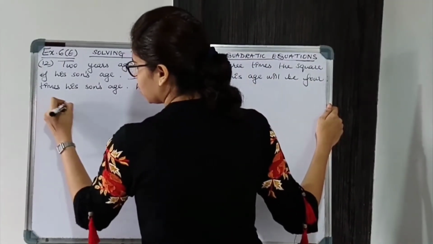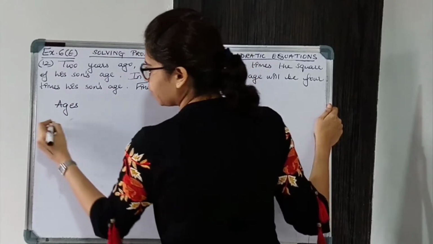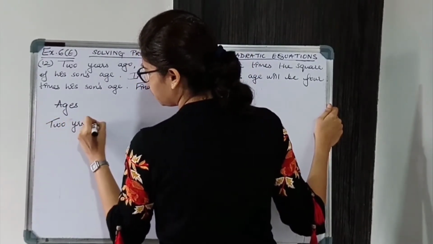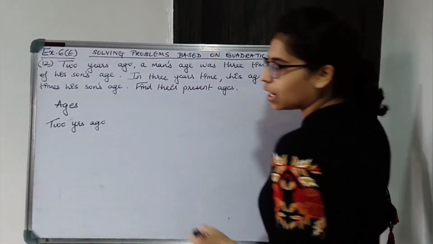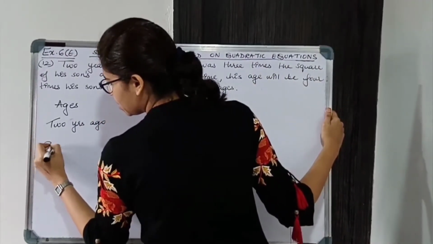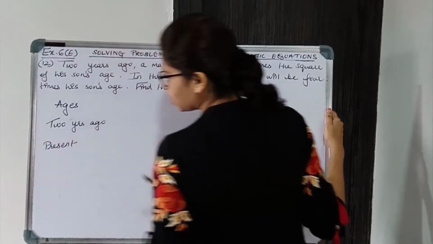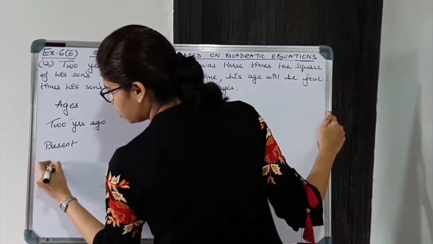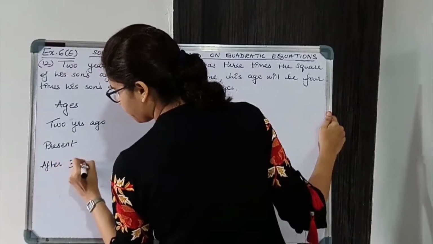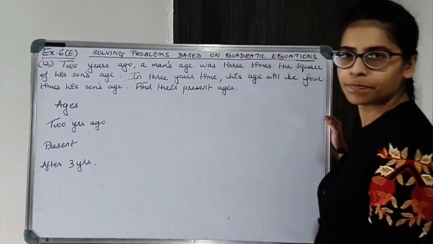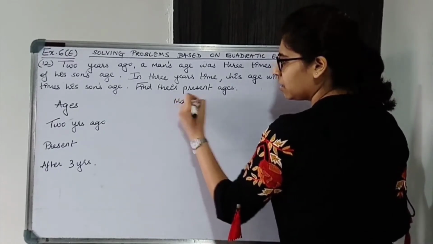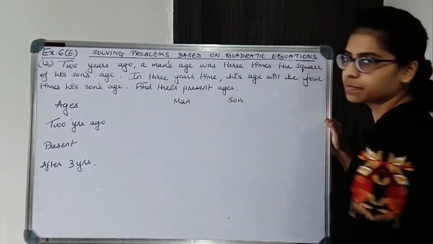So ages, one is past, that is 2 years ago. Other is present, and the third one is future, that is after 3 years. Okay, we are talking about the ages of a man and his son.